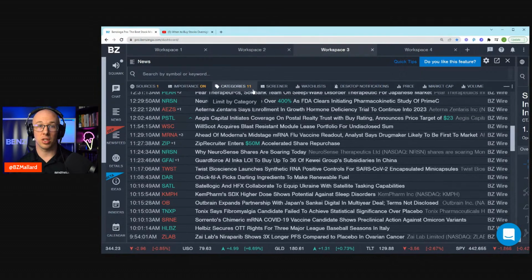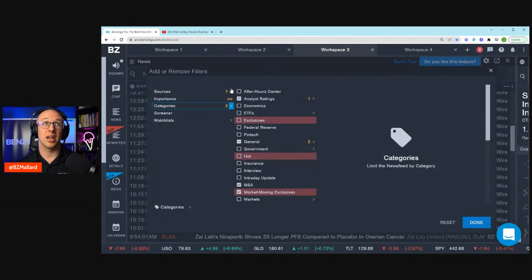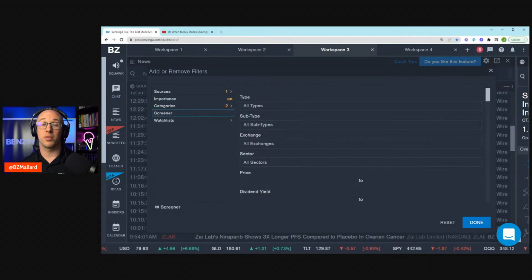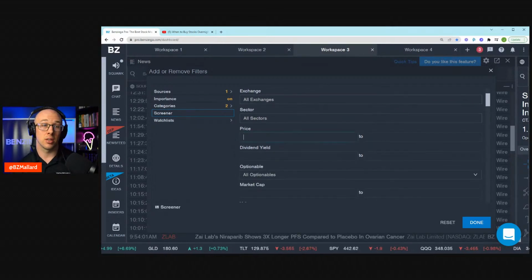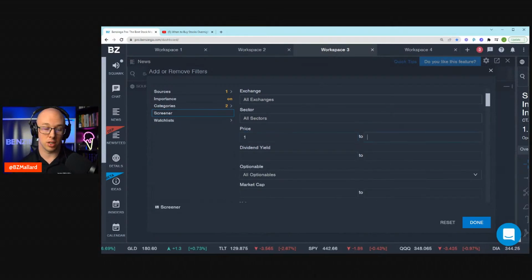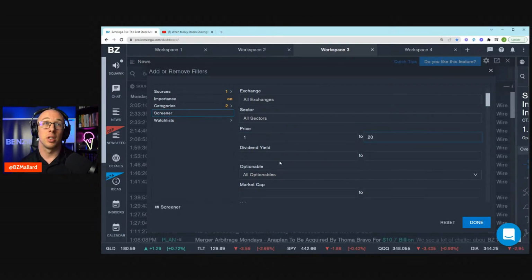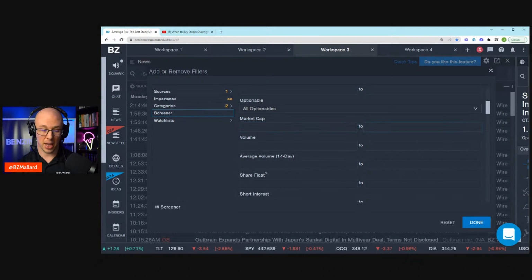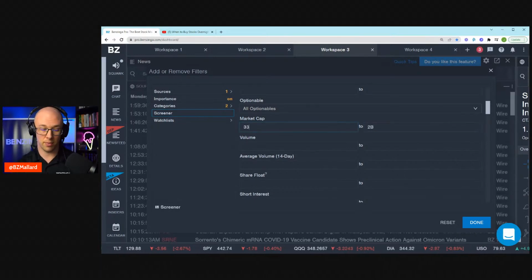So just to take a step back, remember, we just added these category filters, and now we're going to our screener filter on the news feed. So now I can say, you know what, let's make this from $1 to $20 per share. Let's go down here to market cap and set the max at 2B for billion, 300M for million.